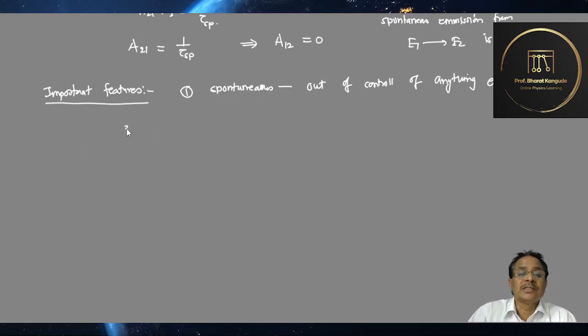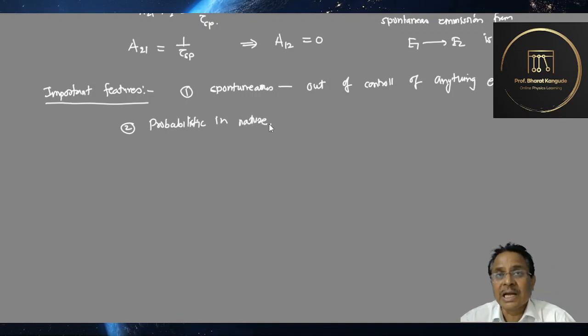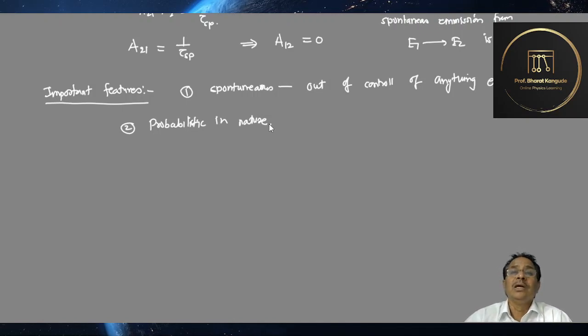Then second, as it is statistical, it is probabilistic in nature, a statistical process. We cannot predict that a particular atom will undergo this type of decay or will go into the lower state. We can only talk in terms of percentage or chances, that there is a 100% chance, 10% chance, 20% chance that a particular atom will go from the excited state to the de-excited state, or from the excited state to the normal state.